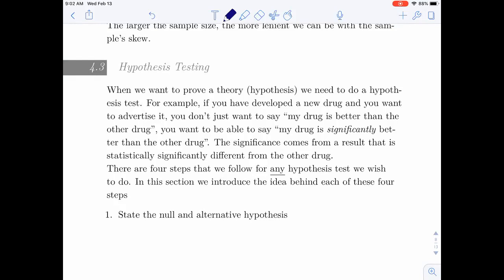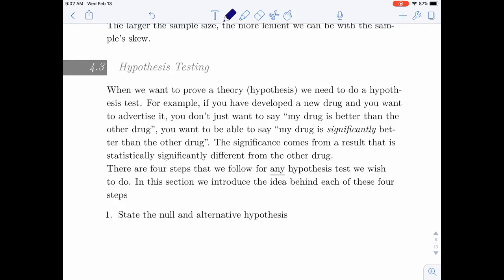For example, let's say we've developed this new pharmaceutical, I shouldn't say drug, pharmaceutical. So I've developed this new painkiller, and I want to be able to say that my painkiller is significantly better than everything else on the market, maybe in terms of how quickly it kicks in.